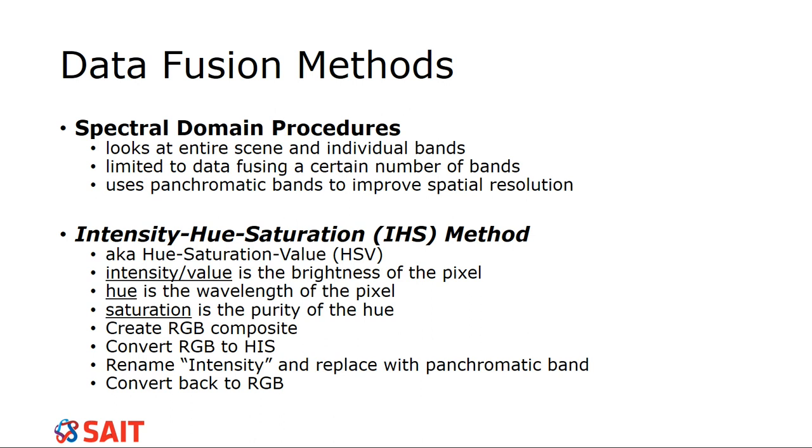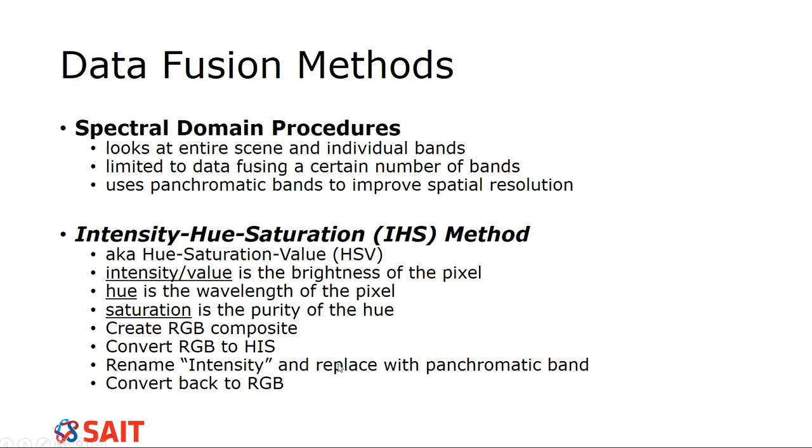Then I can convert it back to RGB, so kind of reverse it. And then I have a fused image that is an RGB image with a panchromatic band as its intensity, switched back to RGB.